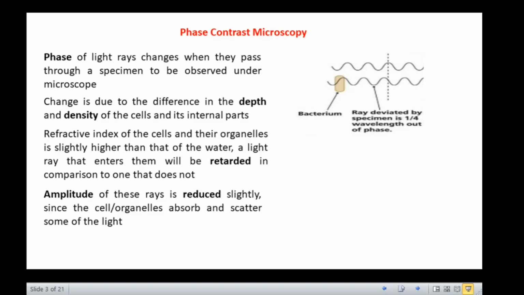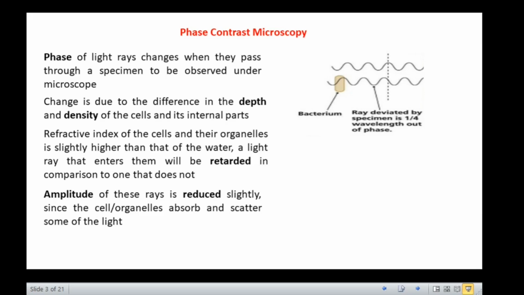Additionally, the amplitude of these rays is reduced slightly since the organelles absorb and scatter some of the light. It is this difference in amplitude that allows the visualization of cells in bright field microscopy.